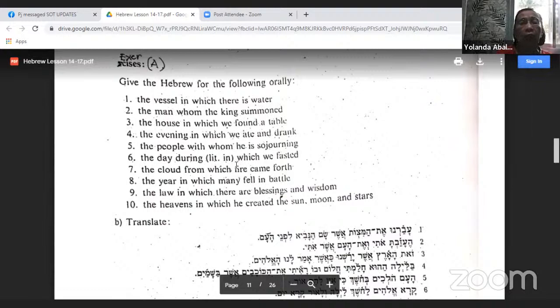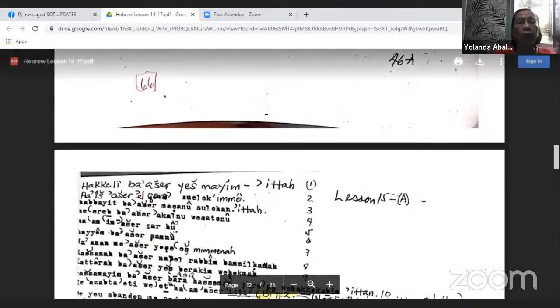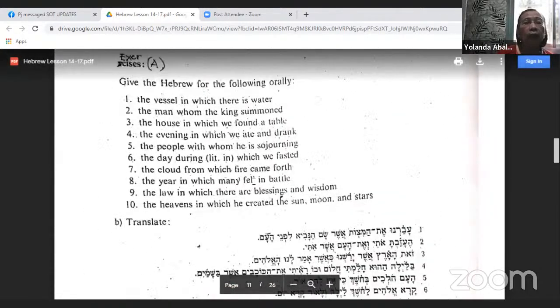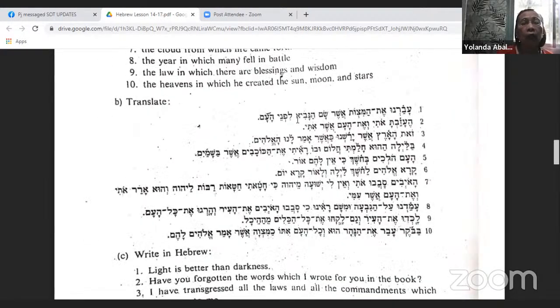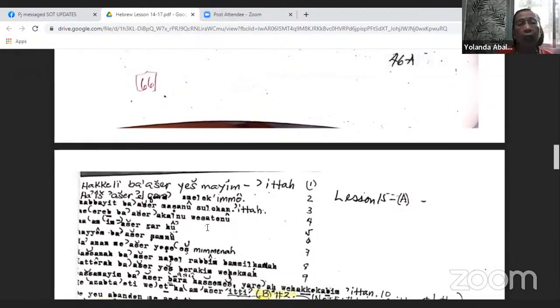Sa gamit ninyo ng hazi, ito yung inyong mga kwan. Yan, Hakile, basher, yes, mayem, ita. That's number 1. Number 2, the man whom the king summoned. At meron tayo, Haesh, Asher, Elkara.